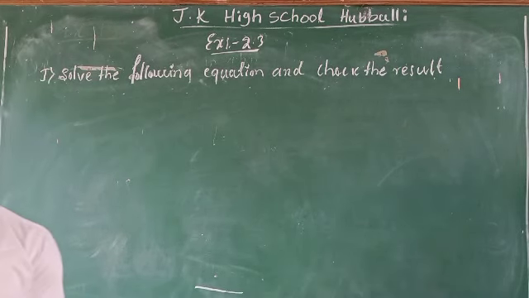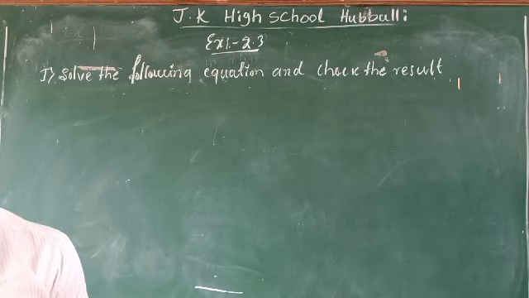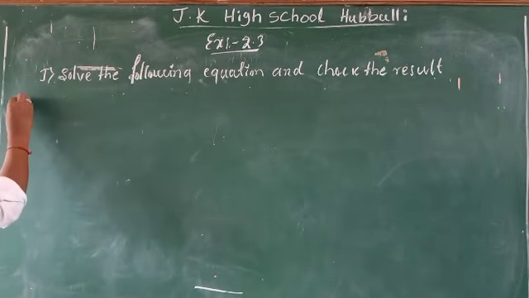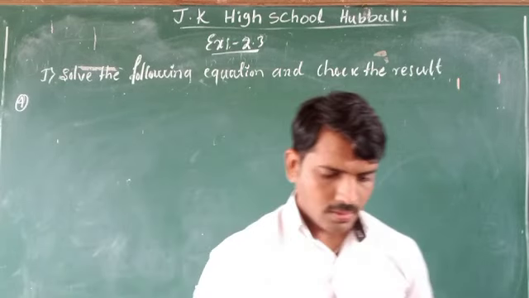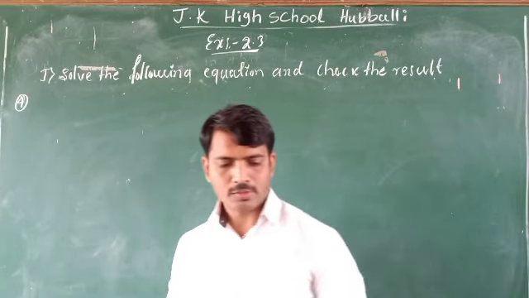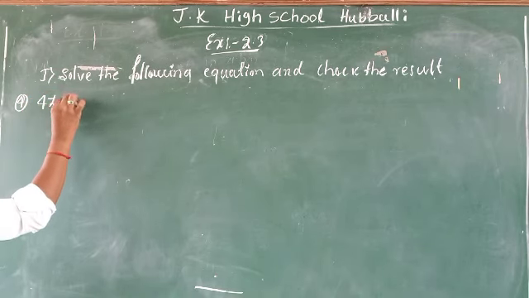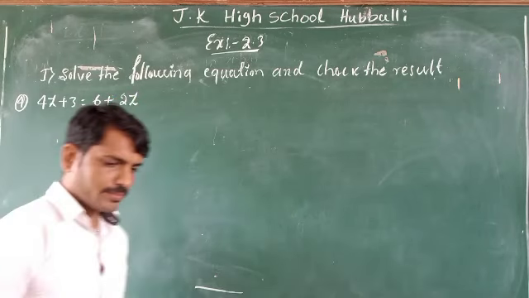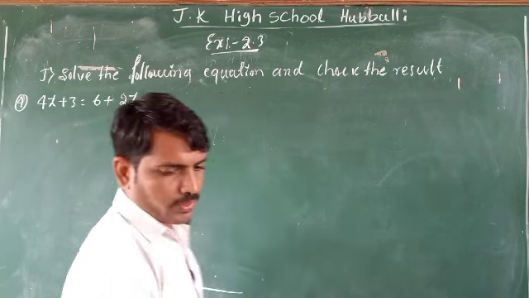The next question is question number 4. Question number 4 is 4z plus 3 is equal to 6 plus 2z. Next, 5: 2x minus 1 is equal to 14 minus x.